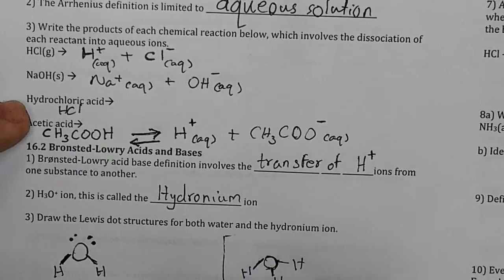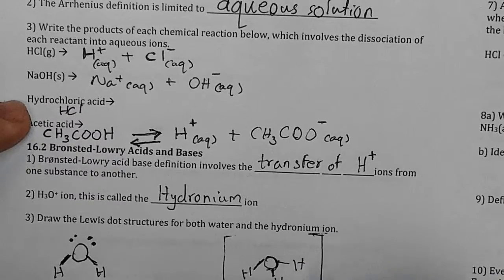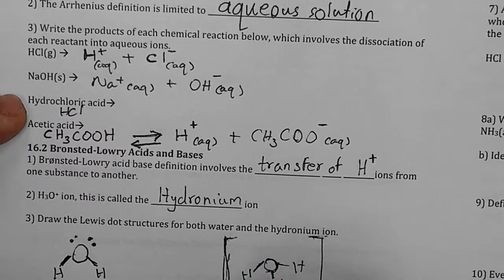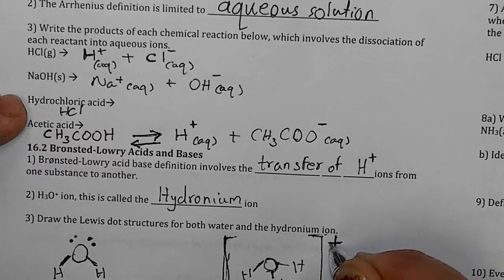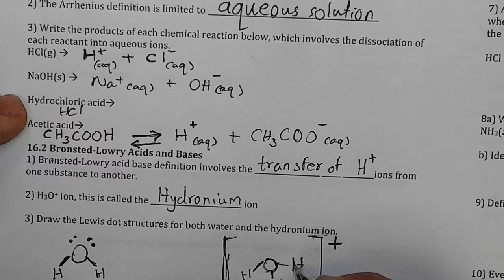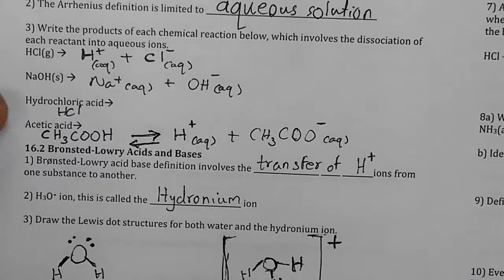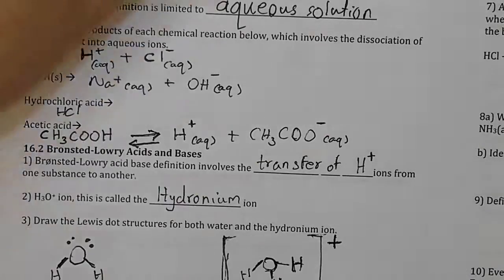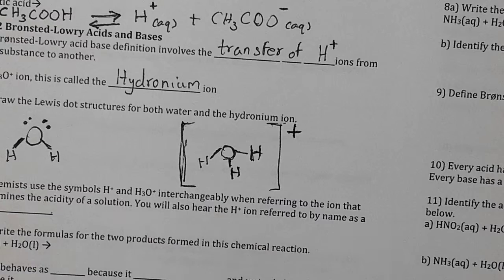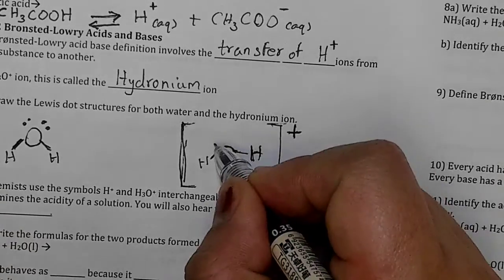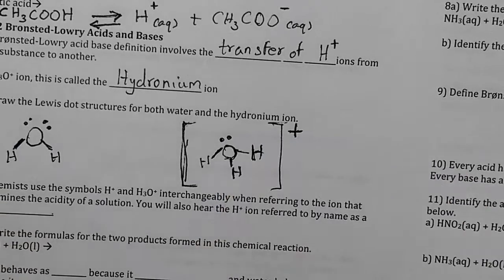Also don't forget that it is a plus. So I need to write the bracket like this, and I'm going to write the plus on the outside. And you got to think about what's happening. How many electrons total does this have? I haven't finished yet. Hydronium ion. That is a lone pair? Just one lone pair. Make sense?